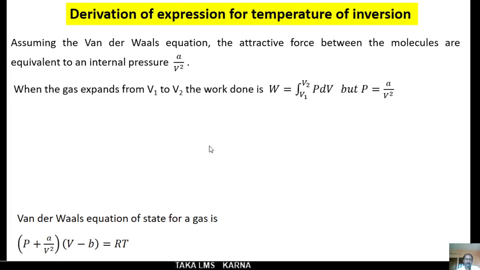When the gas expands from V1 to V2, the work done is given by W equals integration of P dV between the limits V1 V2. But P is the pressure that is given by A by V square according to van der Waals.